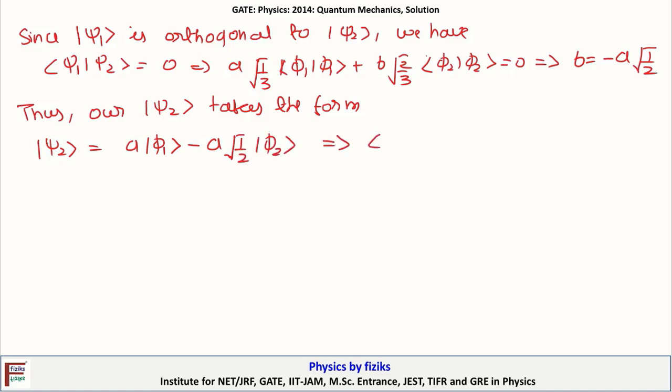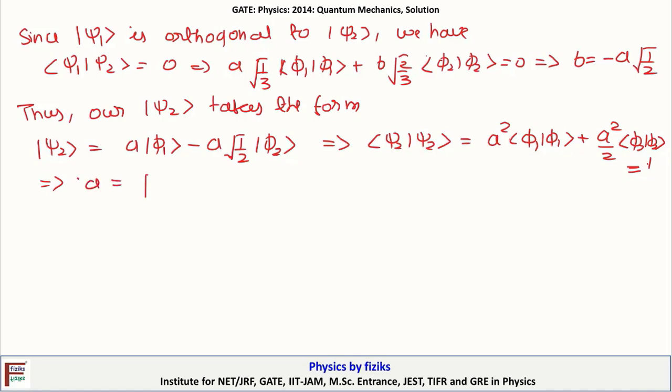Applying the normalization condition <psi 2|psi 2>, we get A square phi 1 plus A square by 2 phi 2 equals 1, which implies A equals root 2 by 3.